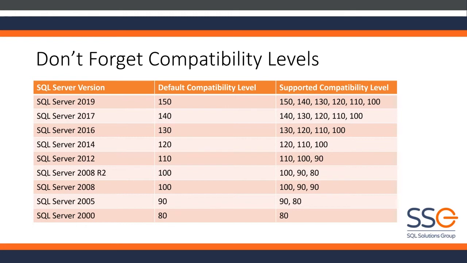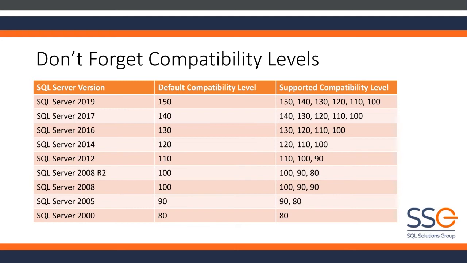So when we were in the throes of SQL Server 2008 R2 upgrades, when it was going end of life and lots of people were doing that, we had multiple cases where people had databases that had been around for so long, they were in compatibility level 80, SQL Server 2000.